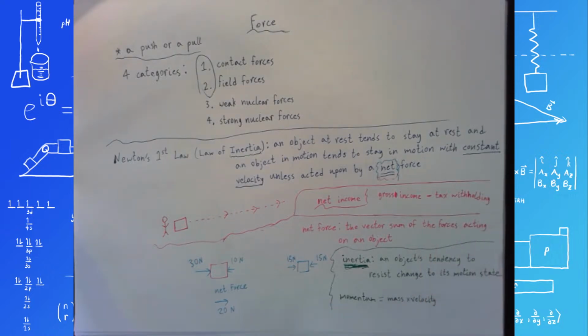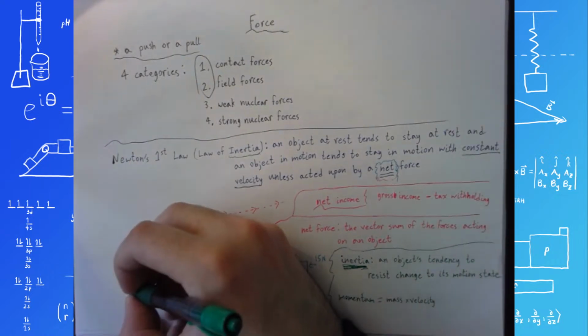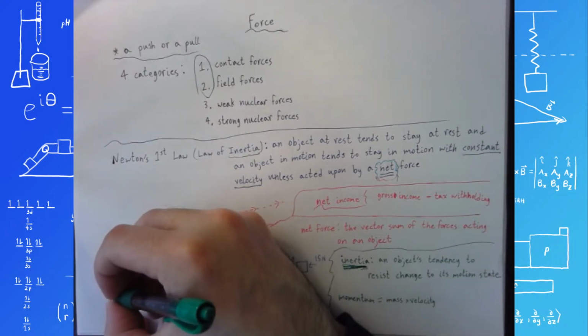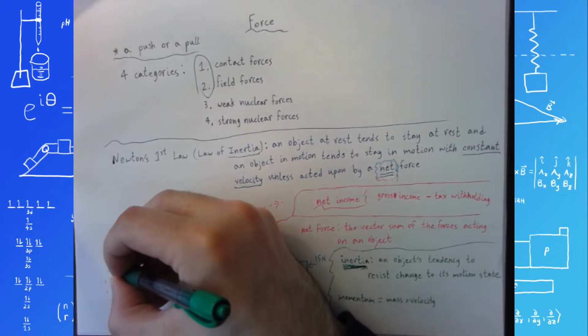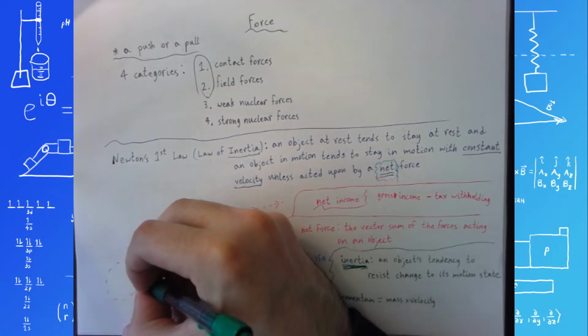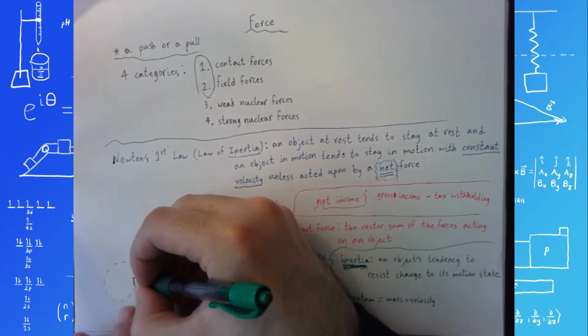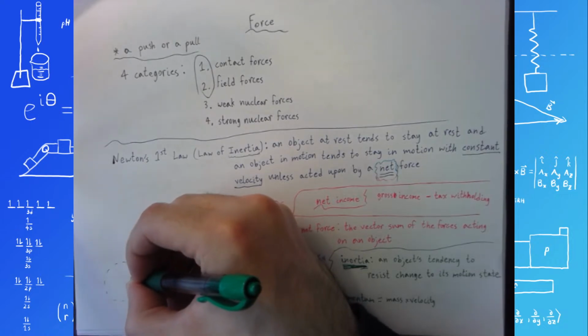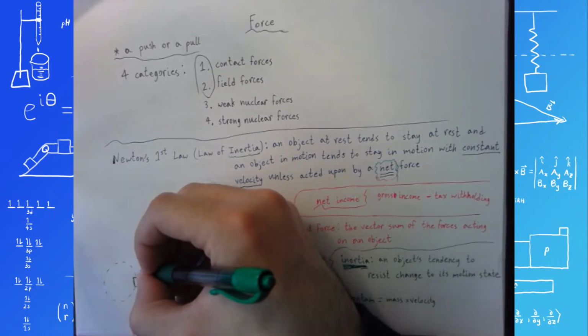An object's inertia is what causes you, we'll see this later when we get to the circular motion chapter, but let's say I'm looking from above, like from my helicopter perspective in the sky, I look down and I see this car, and the car turns this way.